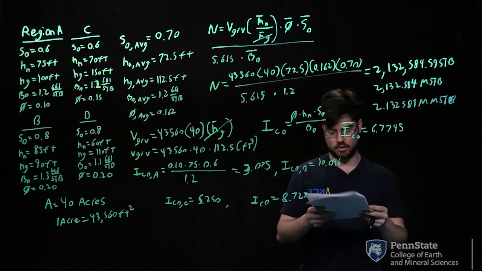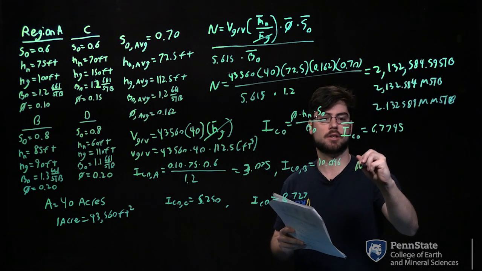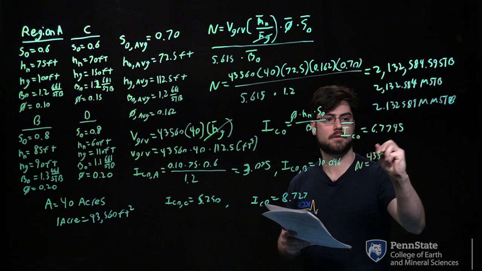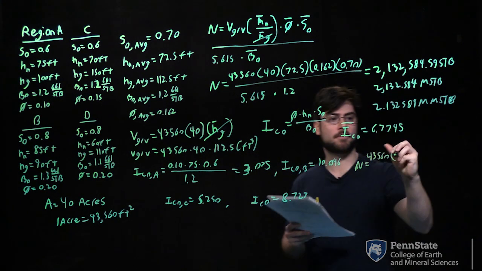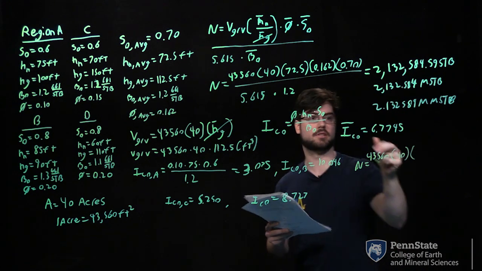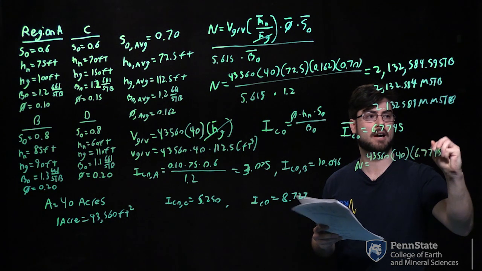And so basically what we can do with this right here is just plug it into the N equation. So N is going to equal 43,560 times 40, because our area is still 40 acres, times our ICO average, which is the 6.7745.